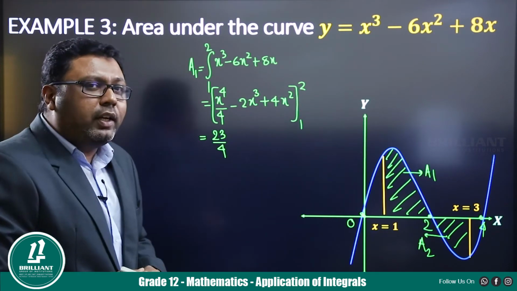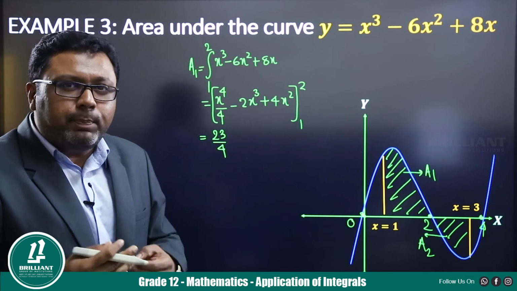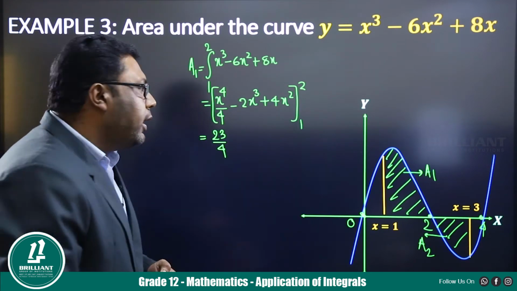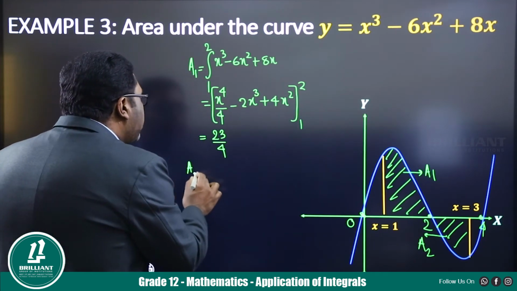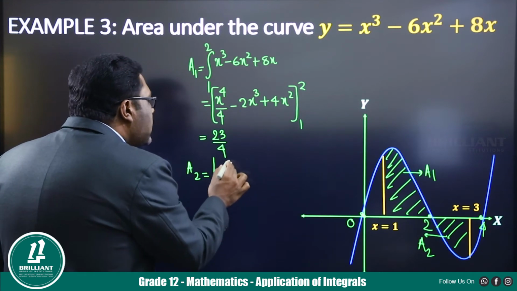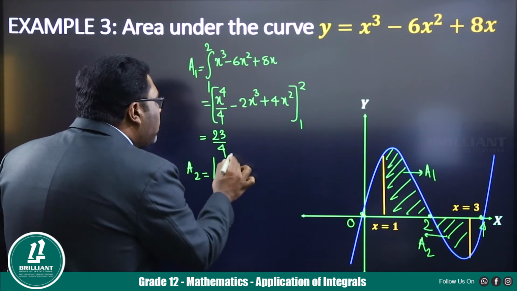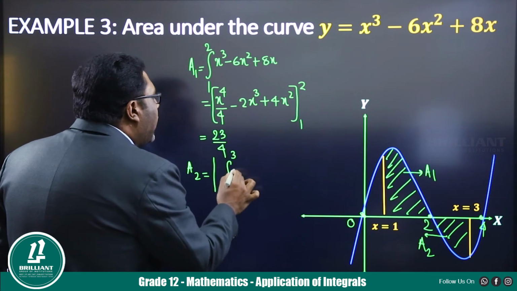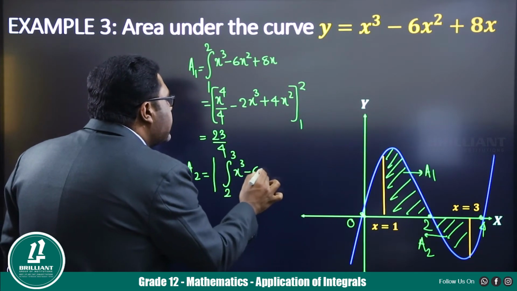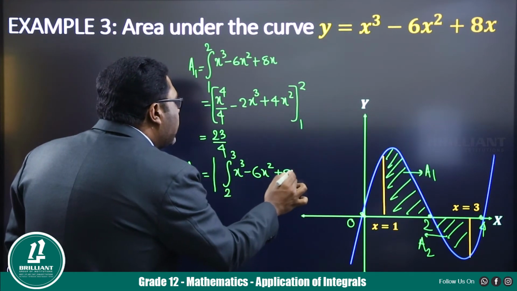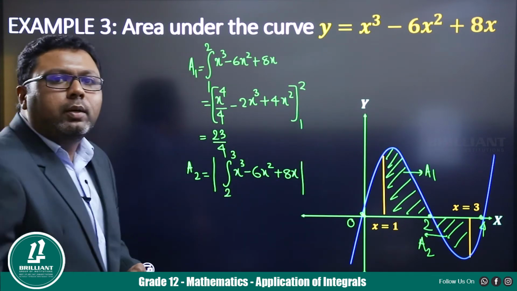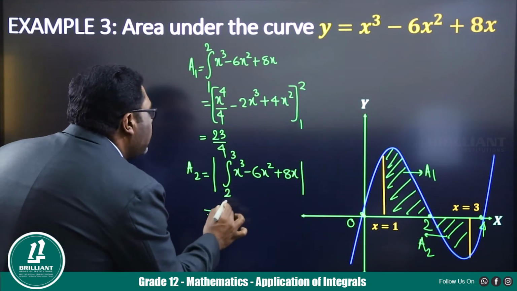Now A2 is definitely below the x-axis. So if it's below the x-axis, it is going to be negative. So when I'm applying for A2, I'm going to be applying a modulus function for integral from 2 to 3 of x cube minus 6x squared plus 8x. And this expression is already integrated before.